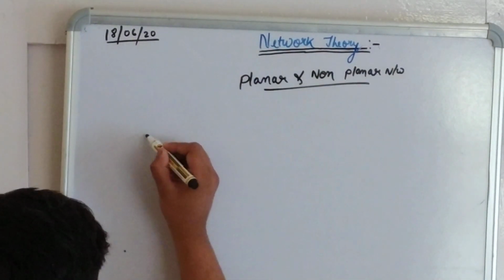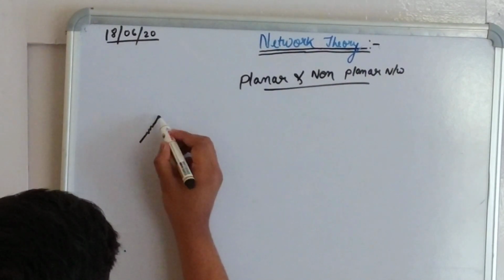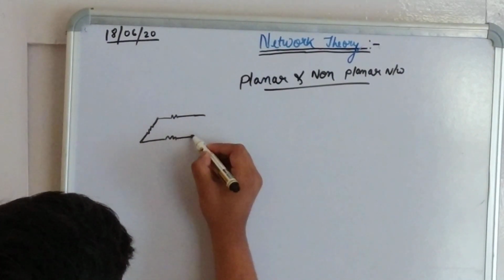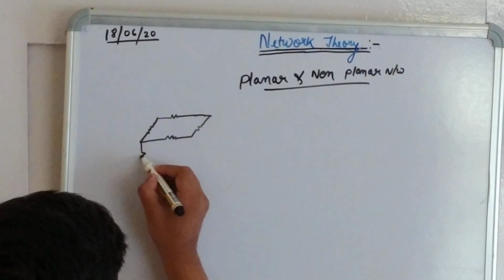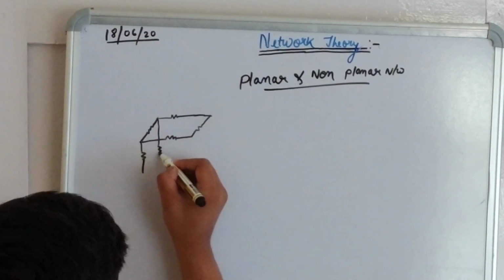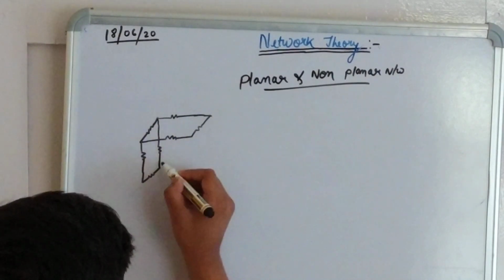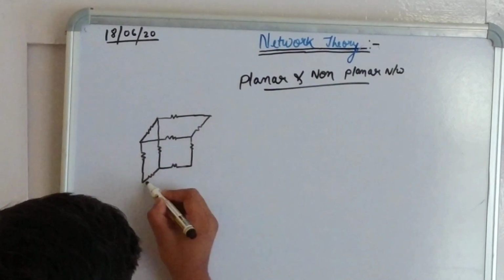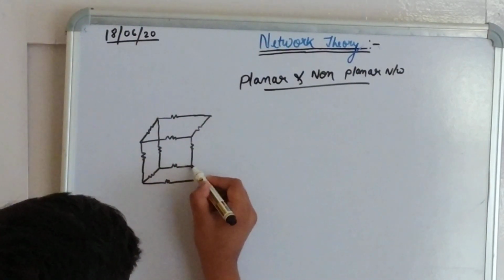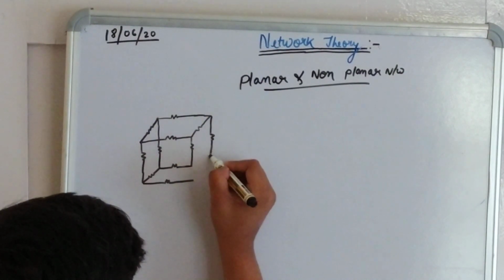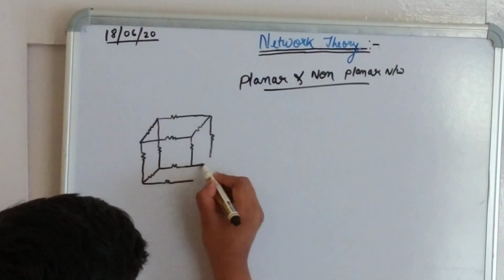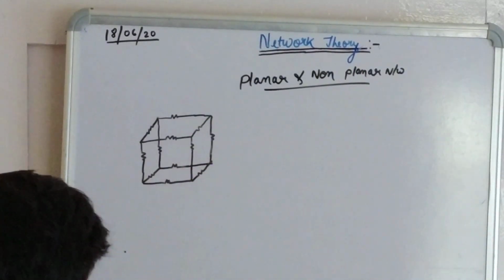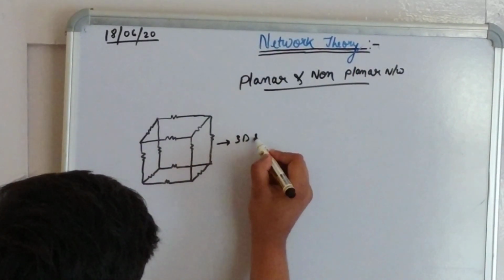Say this network. Okay, this is a 3D structure.